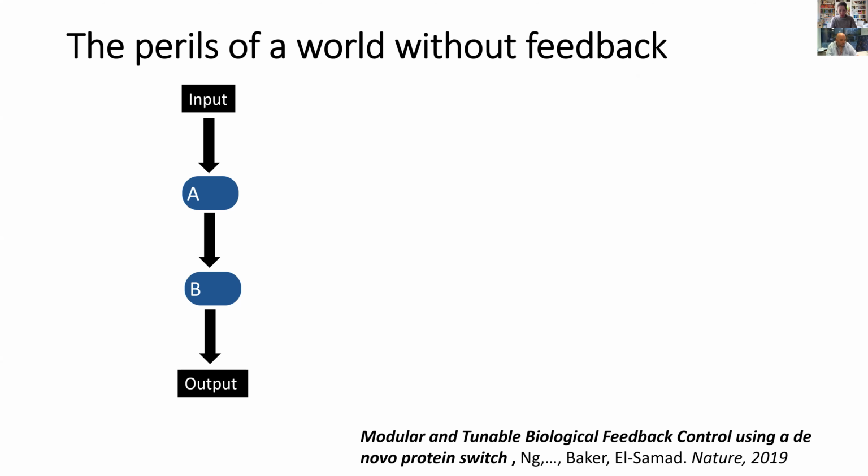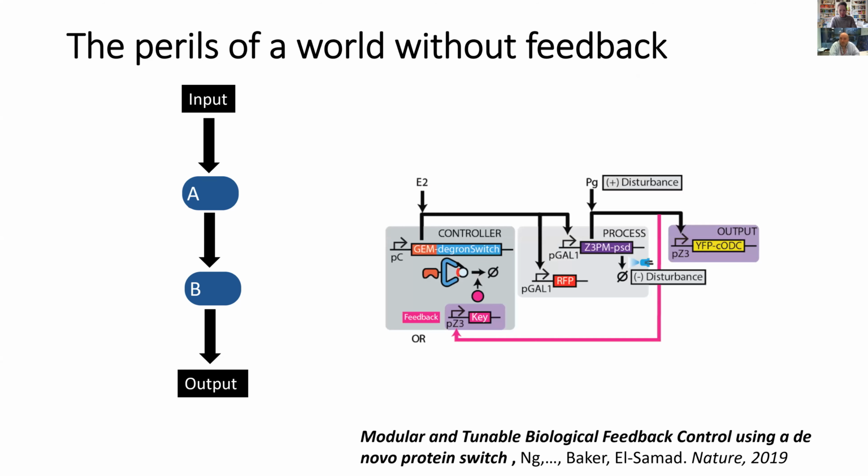So, building a feedback loop literally in a two-node circuit, which is shown here. The notation on the right is the actual circuit, and it sounds really complicated, but what it is is what's shown on the left, which is two transcription factors A and B that are cascaded in series.